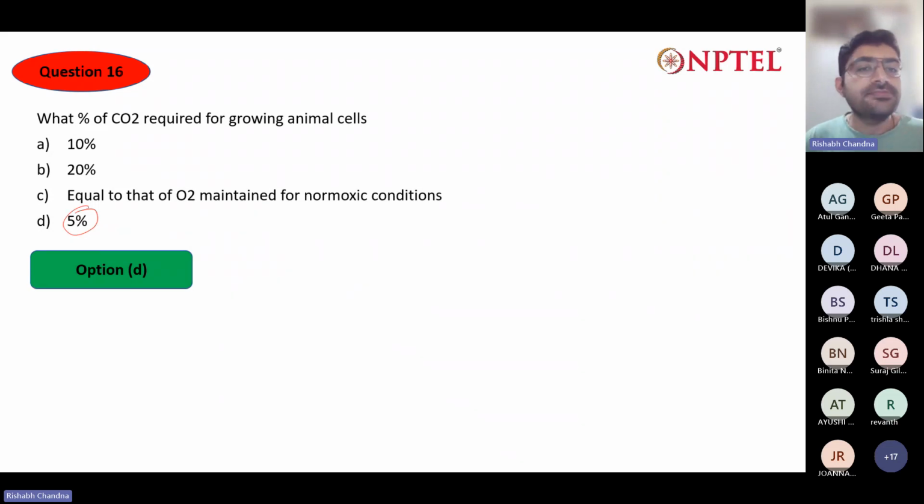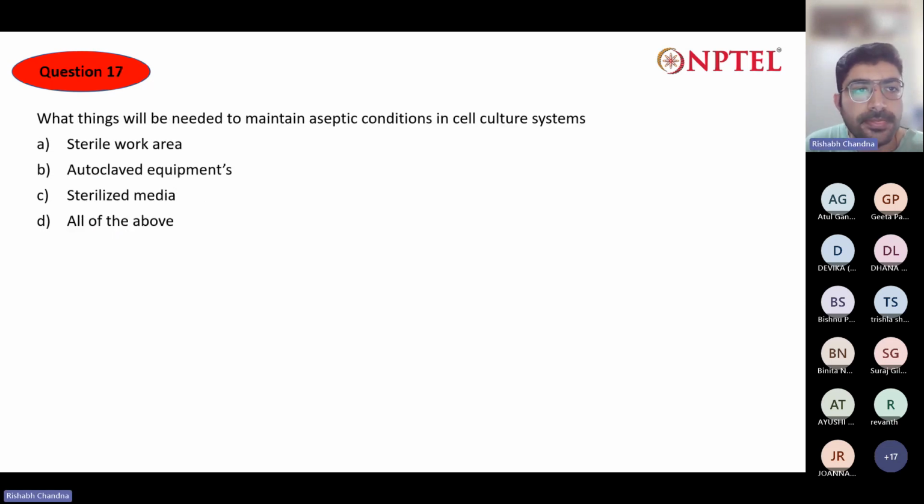So it has buffering action and it maintains the pH of the particular cell culture environment. That's why only this much amount of carbon dioxide is maintained in the cell culture system. Does anybody have any doubt? If not, then we'll move on to the next question.